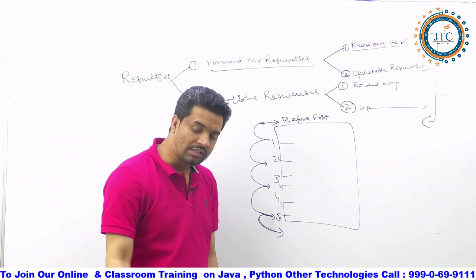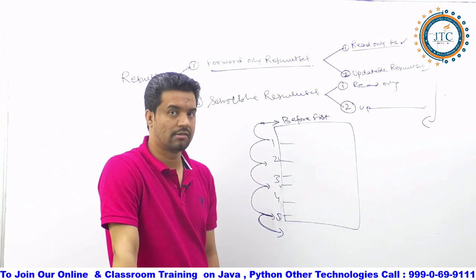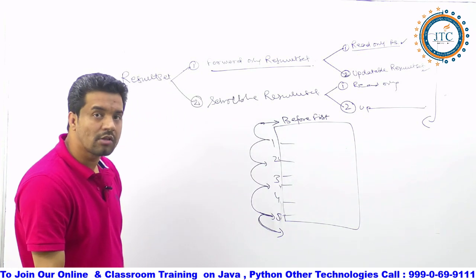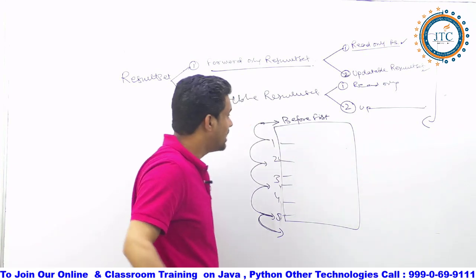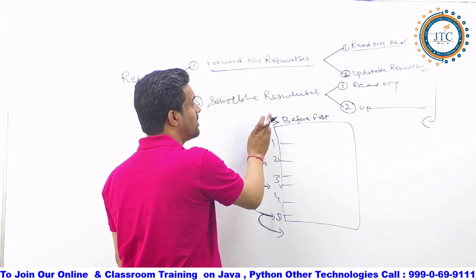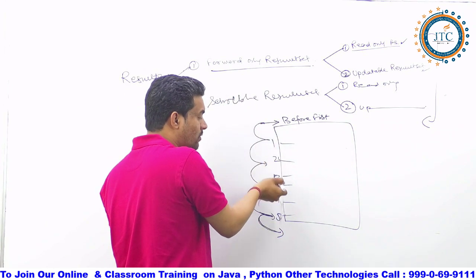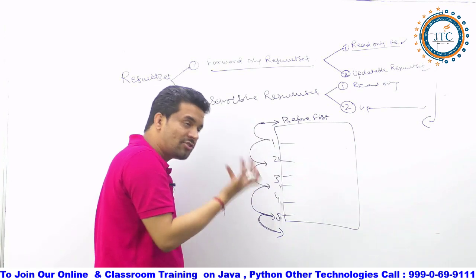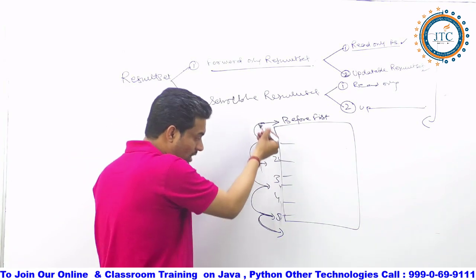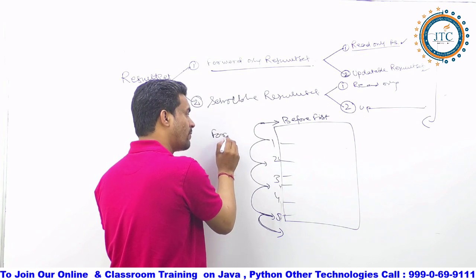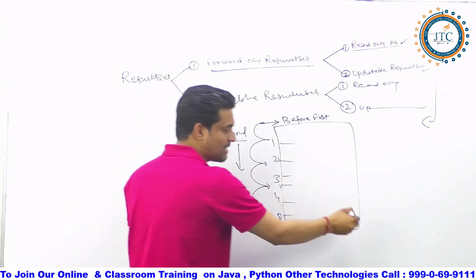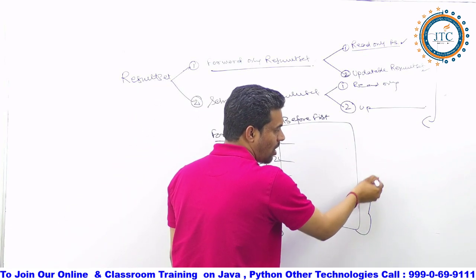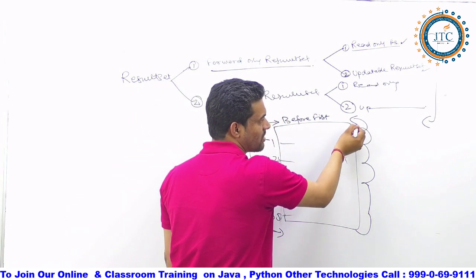Now I am coming to the second one, scrollable ResultSet. If your ResultSet is in the form of scrollable ResultSet, then you can fetch the record in the forward order, plus in the reverse order also you can fetch the record.